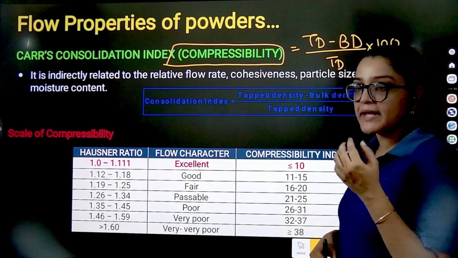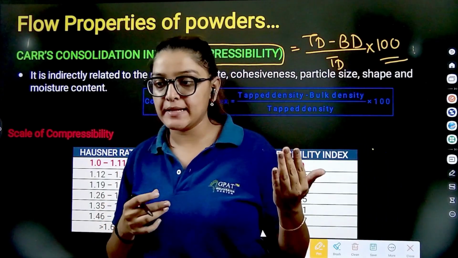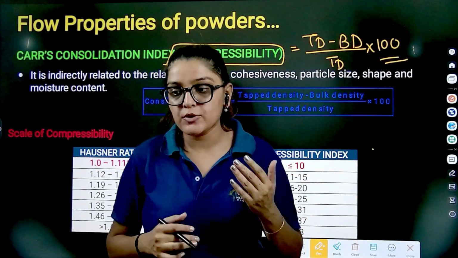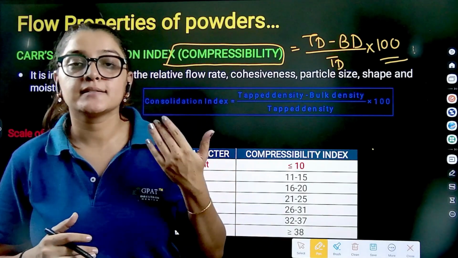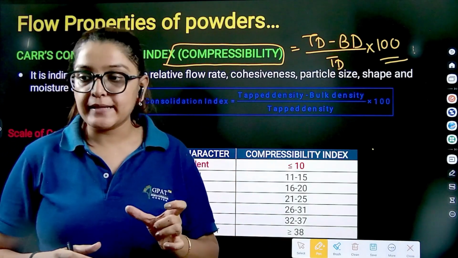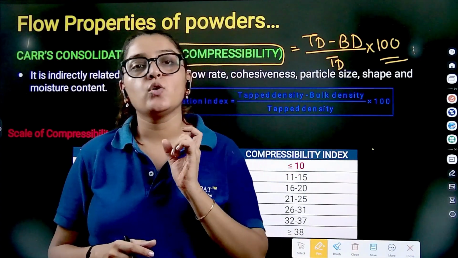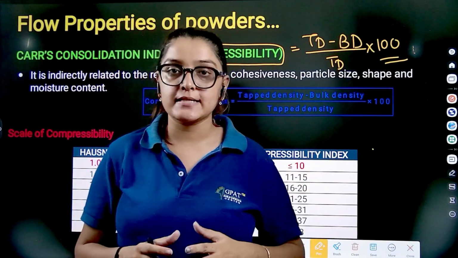So for any powder, if you calculate its tap density and bulk density, you use the formula and you will be able to get the value of Carr's index. Okay, so tap density minus bulk density upon tap density into 100. This is the formula of Carr's index.